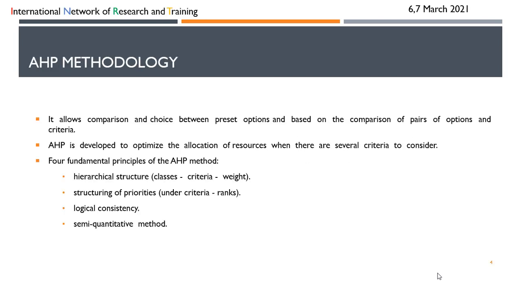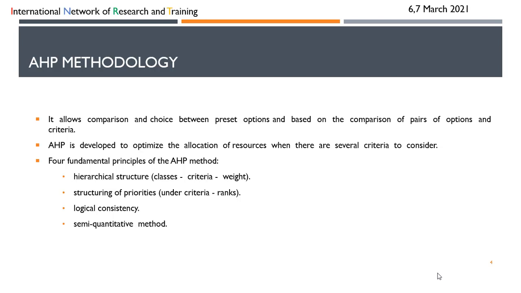So we pass to present the AHP methodology. AHP, the analytic hierarchy process, is a multi-criteria hierarchical analysis invented by the mathematician and professor of the Wharton School of Business, Thomas Saaty. It allows comparison and choice between preset options and is based on the comparison of pairs of options and criteria.